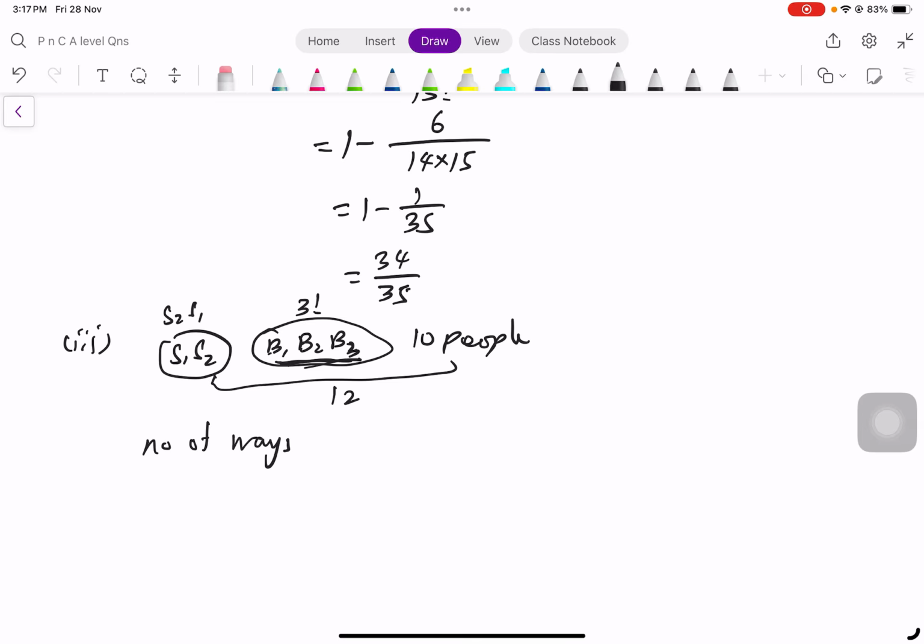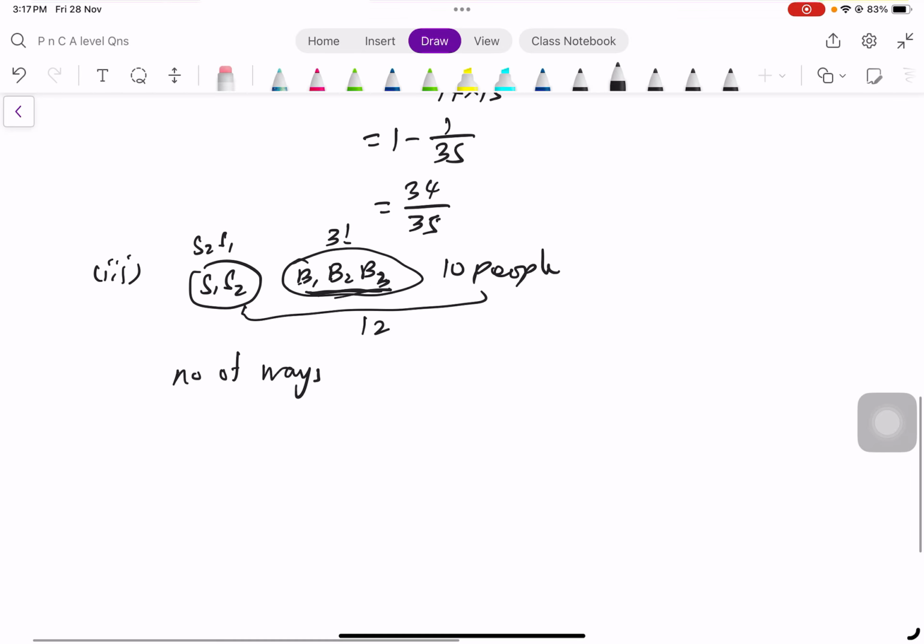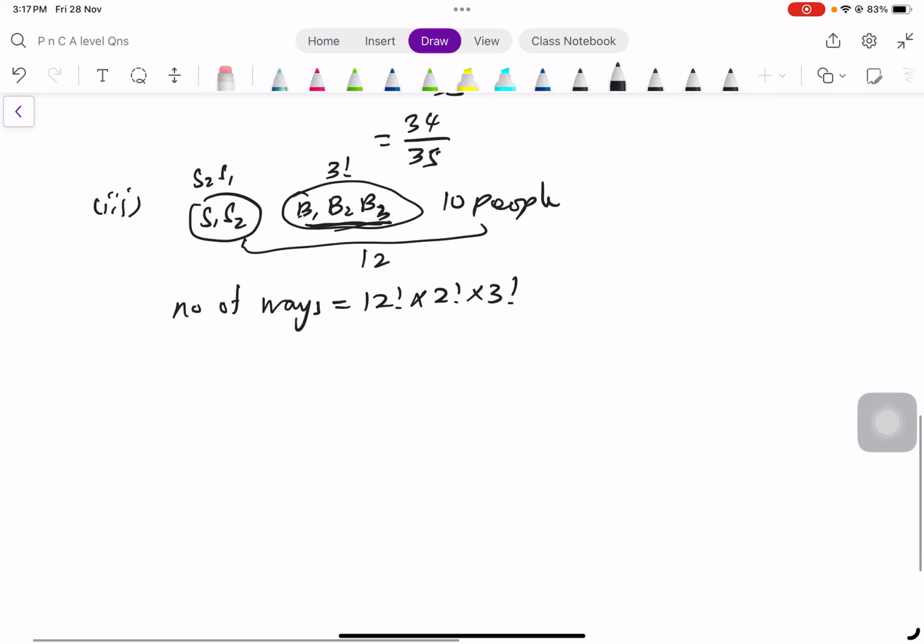The number of ways such that the sisters are together and also the brothers are all together is 12 factorial multiplied by 2 factorial multiplied by 3 factorial. And the probability would be 12 factorial multiplied by 2 factorial multiplied by 3 factorial divided by 15 factorial.